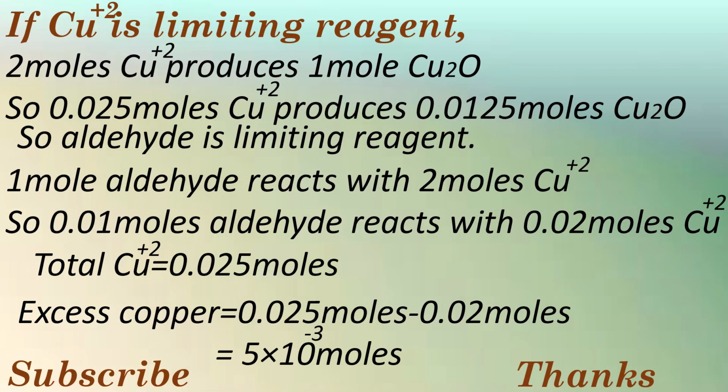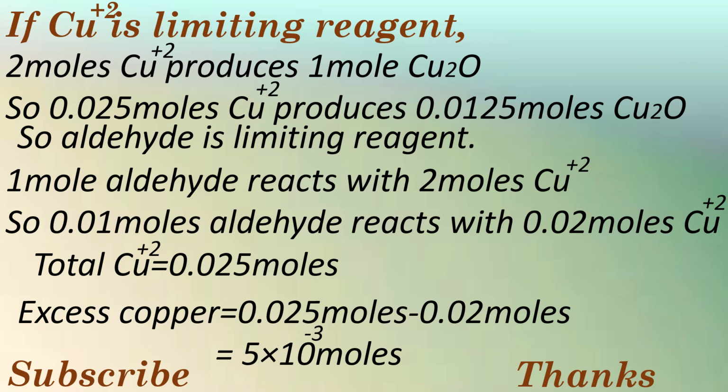If copper plus 2 is limiting reagent, we will write 2 moles copper plus 2 produces 1 mole copper 1 oxide. So 0.025 moles copper plus 2 produces 0.0125 moles copper 1 oxide.